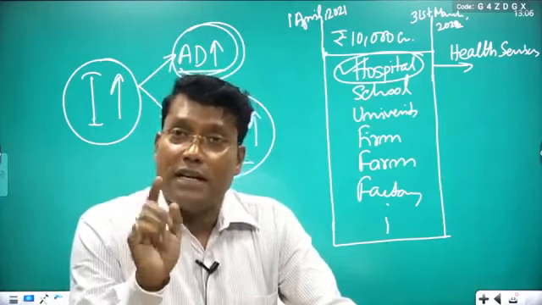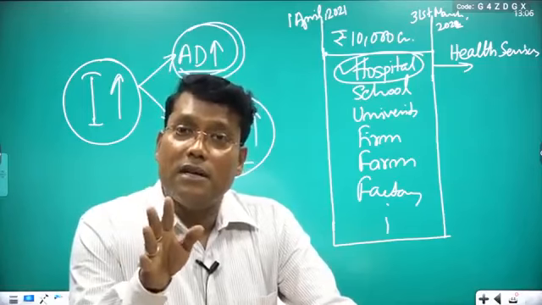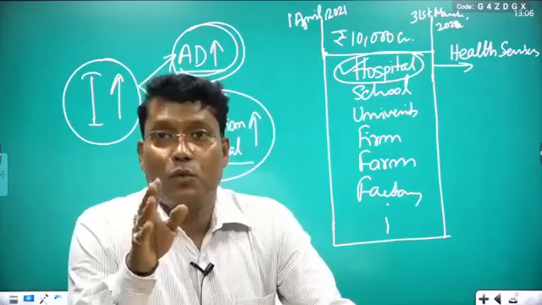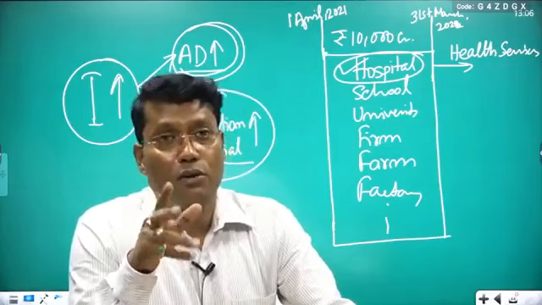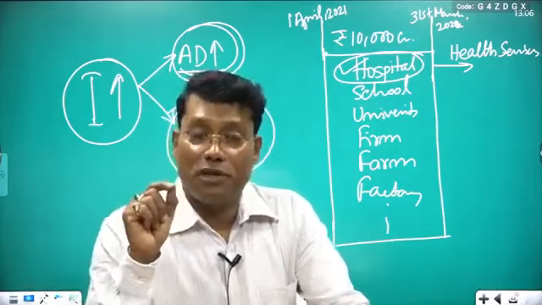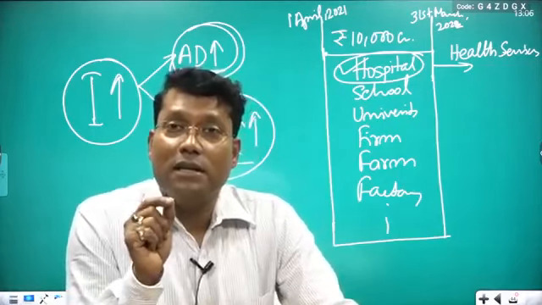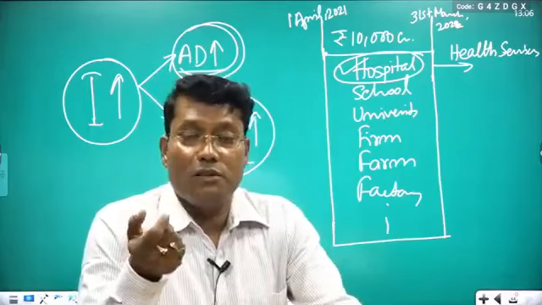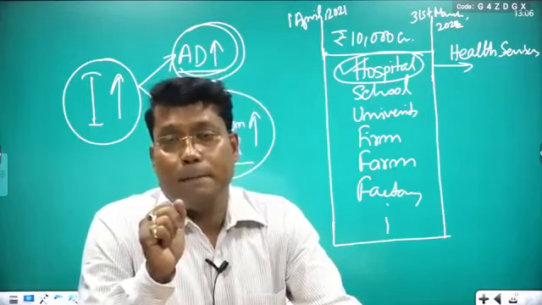And you know that aggregate demand is very important for us, because higher aggregate demand leads to higher output and higher output leads to employment. So aggregate demand matters for us. Nowadays, what is happening? Most of the countries in the world are facing low aggregate demand.